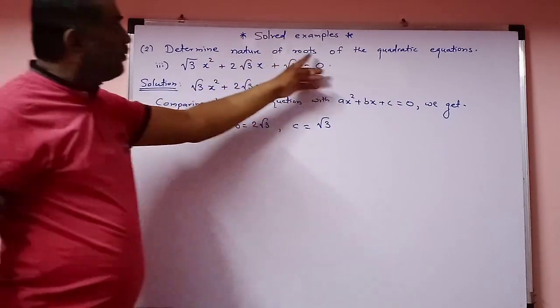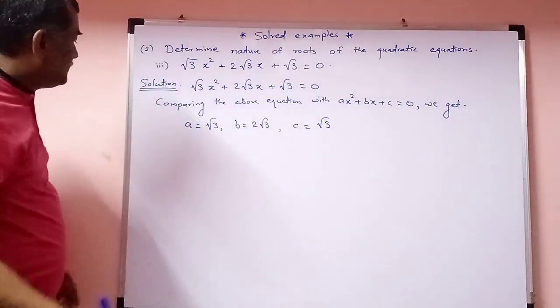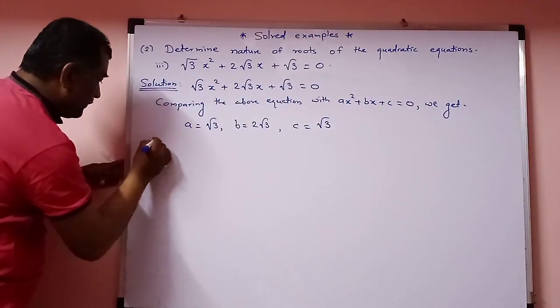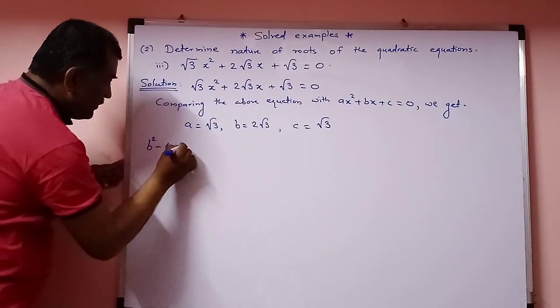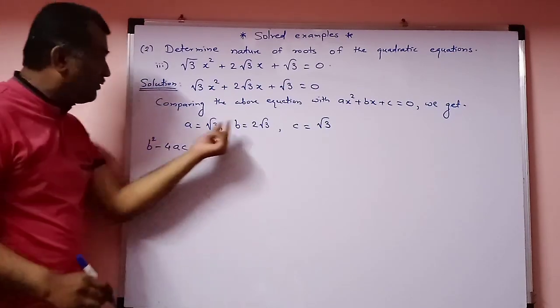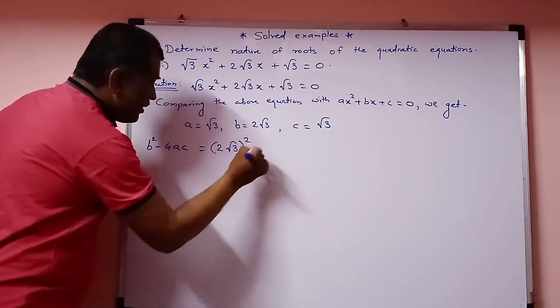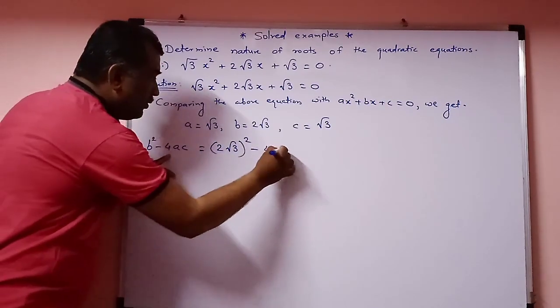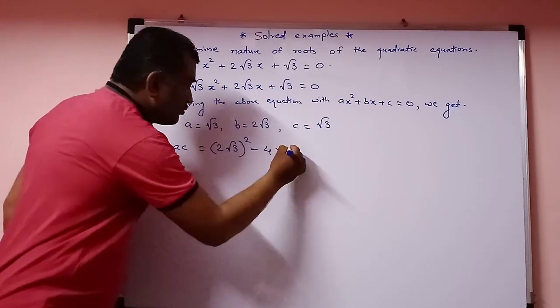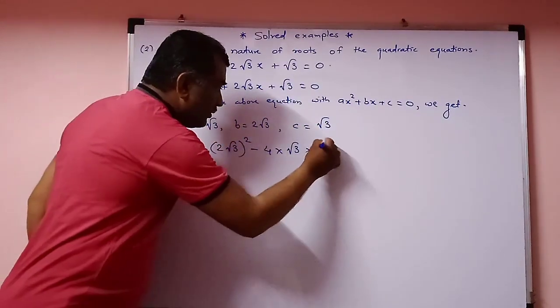Then the nature of roots of a quadratic equation is determined by the value of b square minus 4ac. Find value of b square minus 4ac. b square minus 4ac is equal to b square, 2 square root of 3 bracket square minus 4 into value of a square root of 3 into value of c square root of 3.